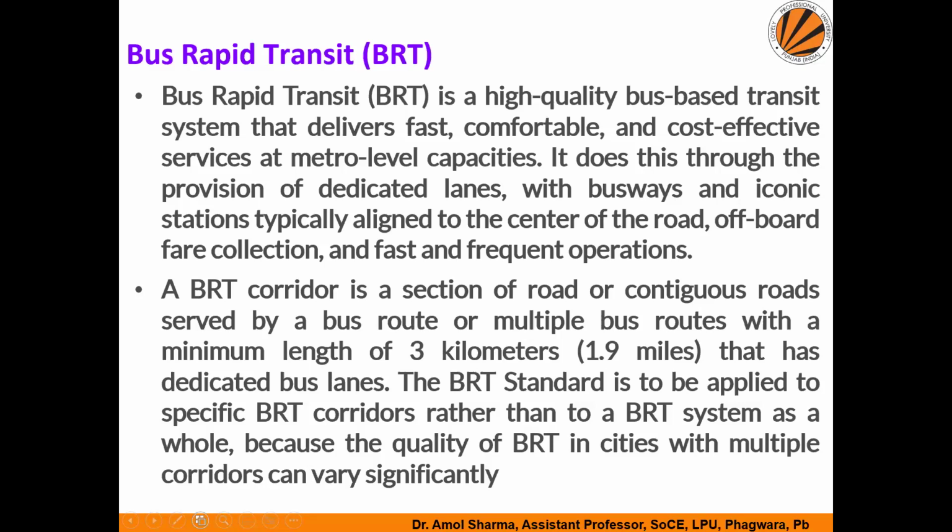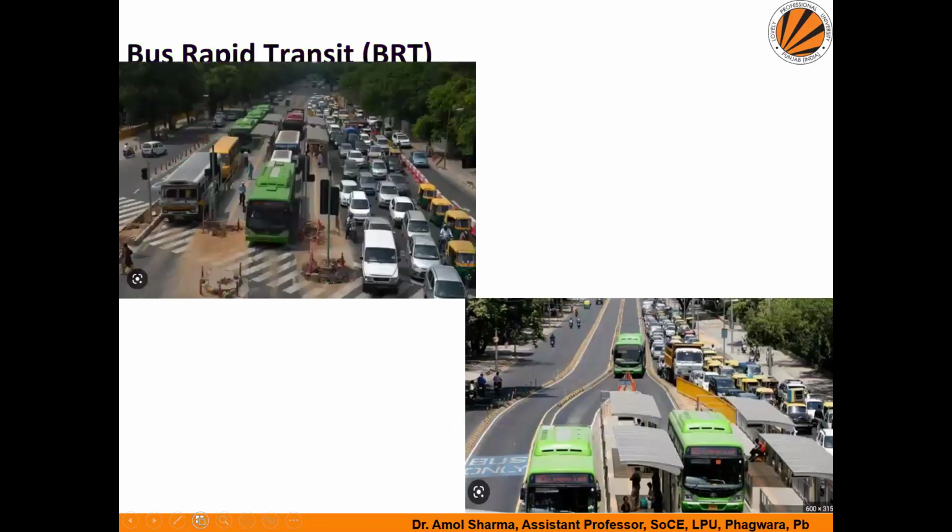Now, this figure shows a typical BRT system. Let us try to understand what this system is. A BRT system is different from a typical public transit bus system operating inside a city or an urbanized area, in which specific lanes are provided for the movement of buses.